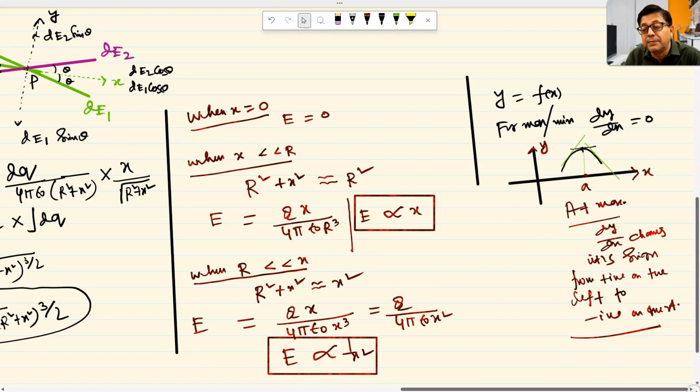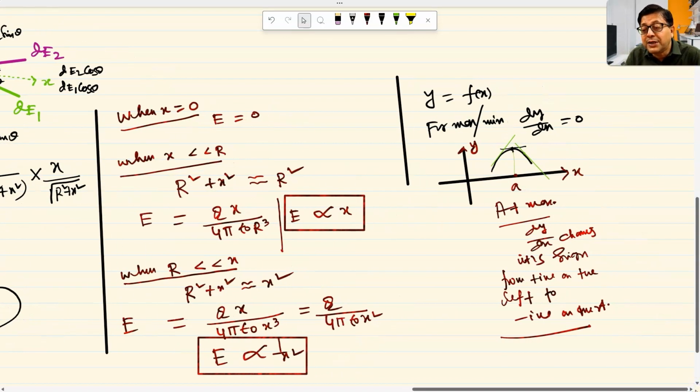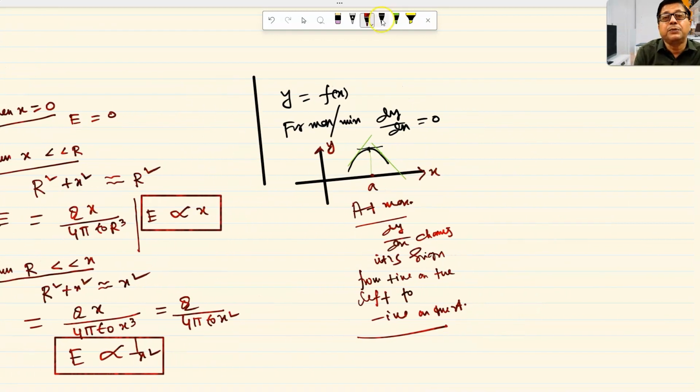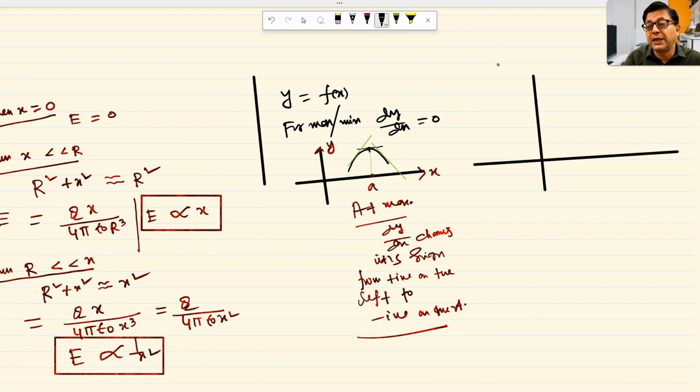It will have maximum. Minimum in which case? Just opposite. In case of minima, if you plot the graph of a function which has minimum value at a point, then at the point of minimum, if you draw a tangent here, the angle is obtuse.